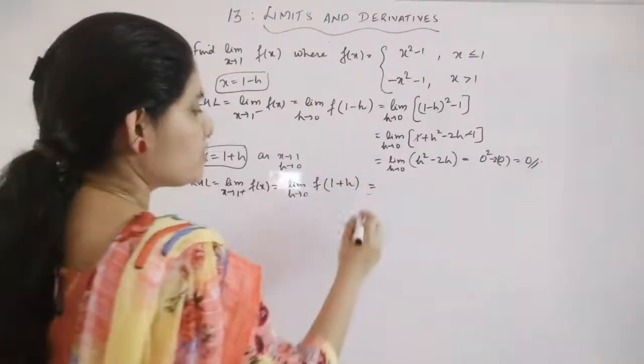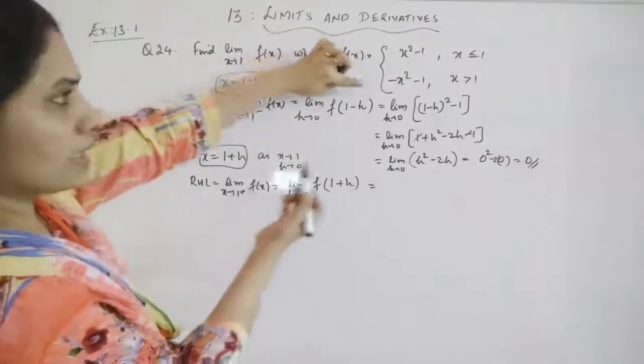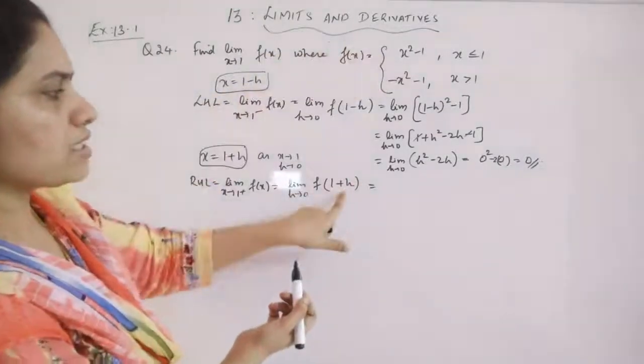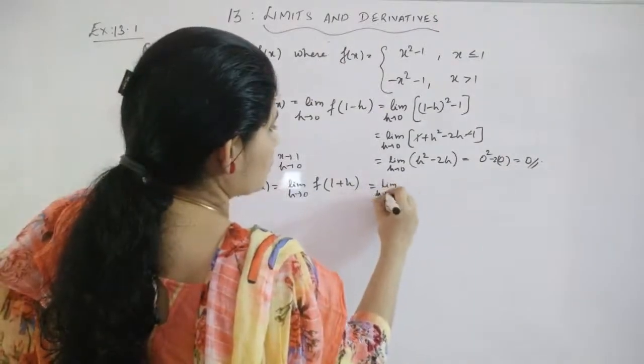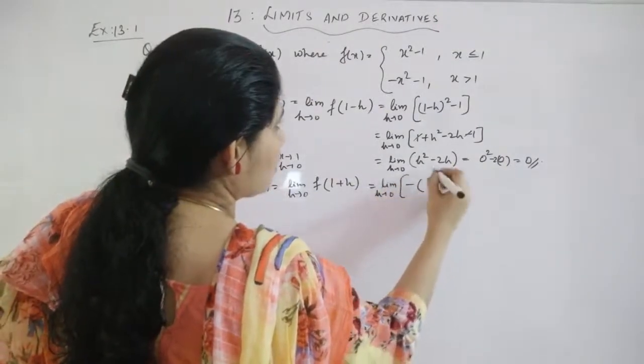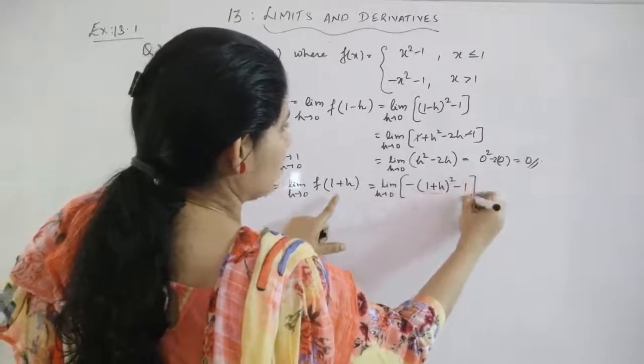Okay, and which function will you use in order to replace that? It is actually 1 plus, so greater than 1. So in this function you have to replace your x with 1 plus h. So you will get limit h tends to 0 of minus of, instead of x, 1 plus h the whole square minus 1.